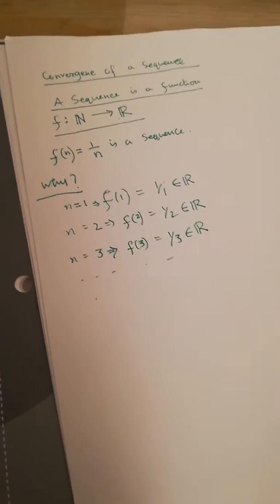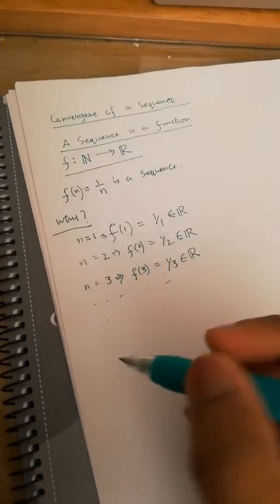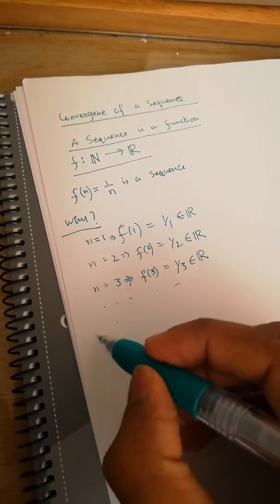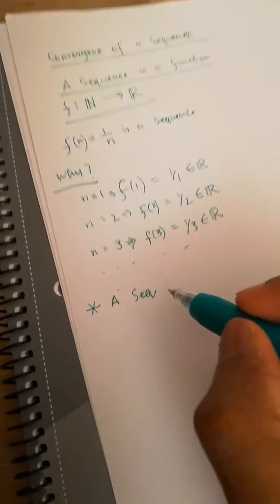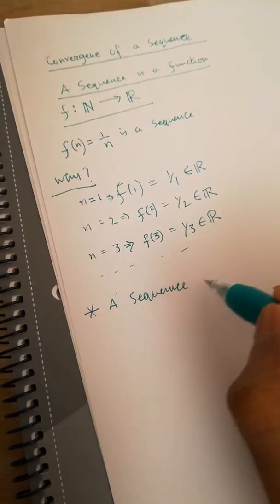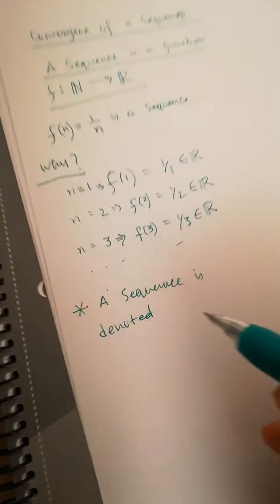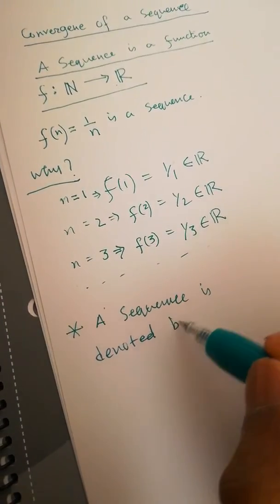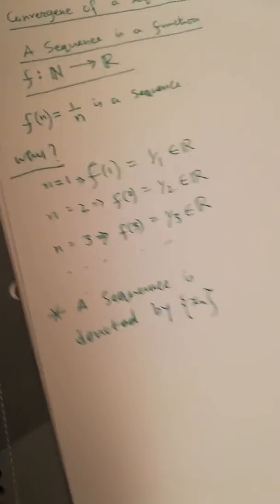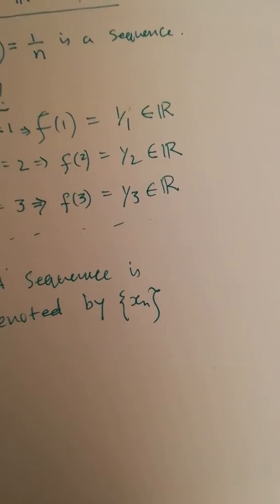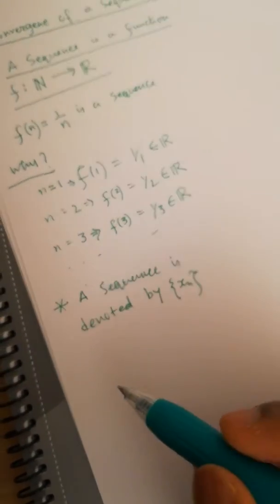Now generally in mathematics, a sequence is denoted by xn.